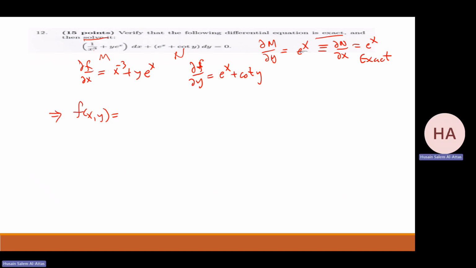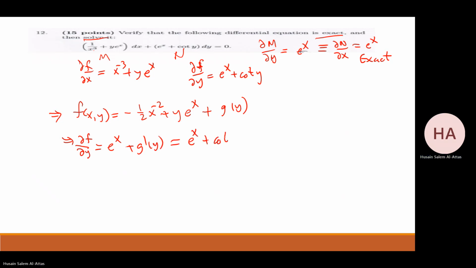The integral of this with respect to x. So I have minus half x squared plus y e to the power x plus a function of y. So that means partial f with partial y would be e to the x plus the function g prime of y, which is this one. So that means g prime of y equals cotan y, which is cosine over sine.